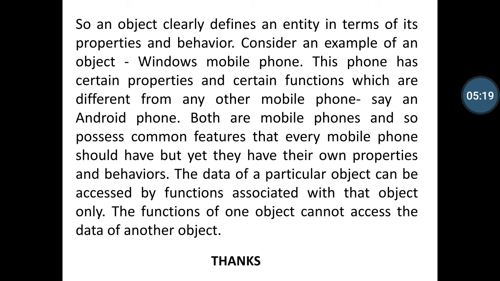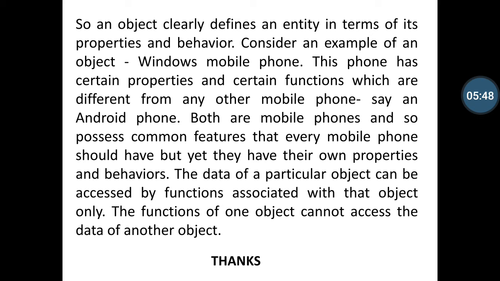Now I am defining this briefly. You can notice that an object clearly defines an entity in terms of its properties and behavior. Consider an example of an object, a Windows mobile phone. This phone has certain properties and certain functions which are different from any other mobile phone, say an Android phone.